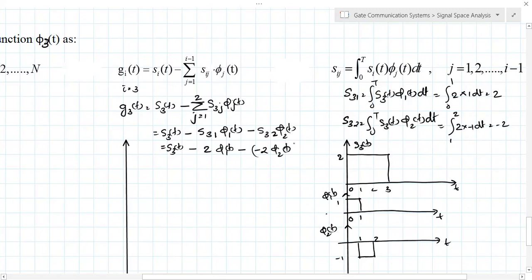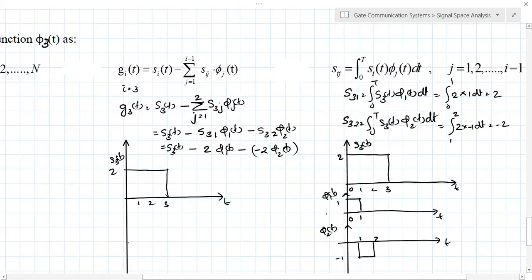So this is the equation for g3 of t. Now we need to calculate g3 of t. So we require s3 of t. We know that s3 of t is a signal which exists from 1 to 3, and the amplitude is 2. So this is s3 of t. Now we need to subtract 2 phi 1 of t.